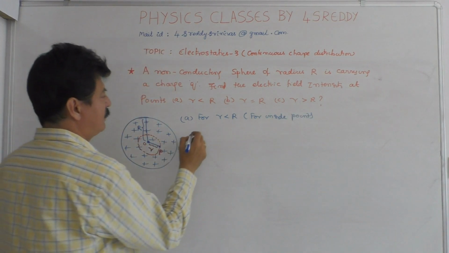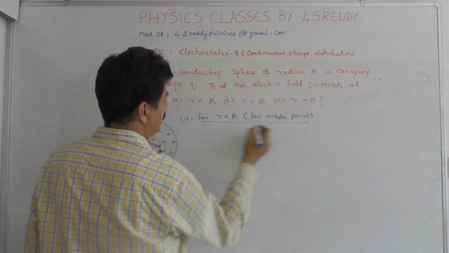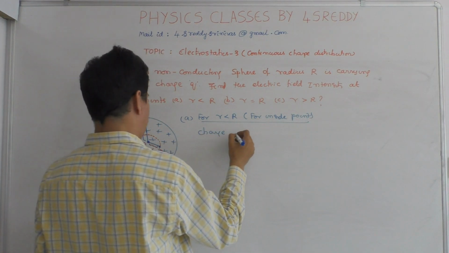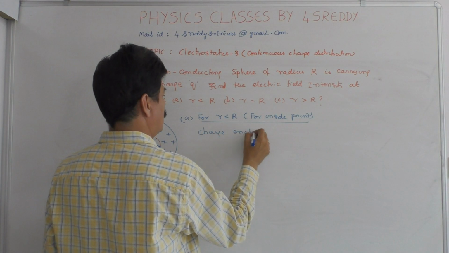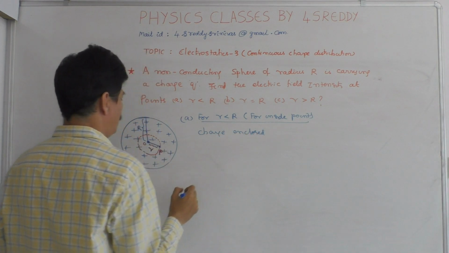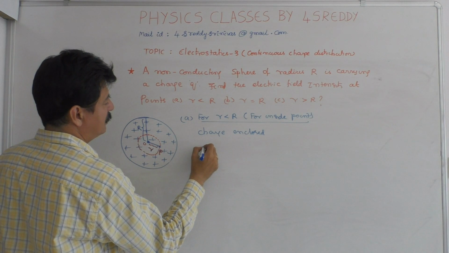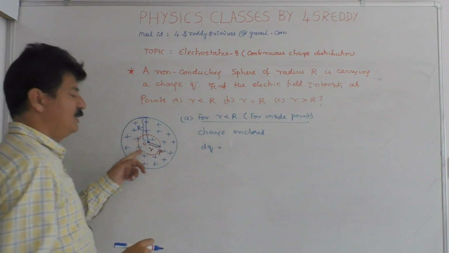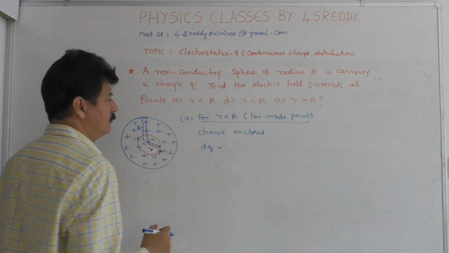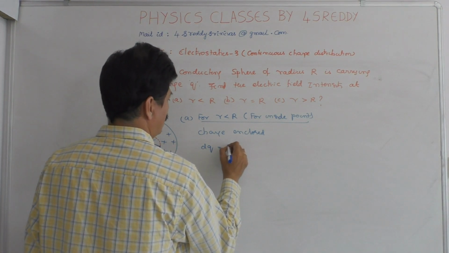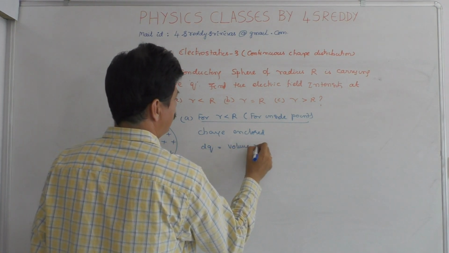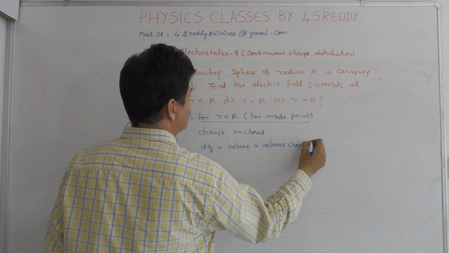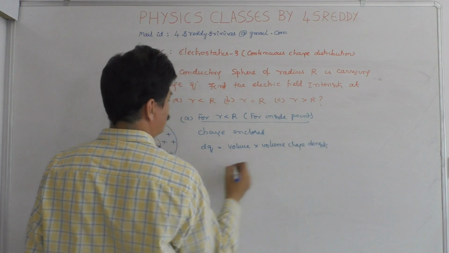First of all, the charge enclosed is given by dq equals volume into volume charge density, because it is distributed over its volume.